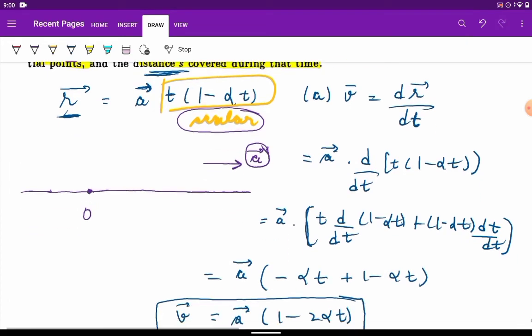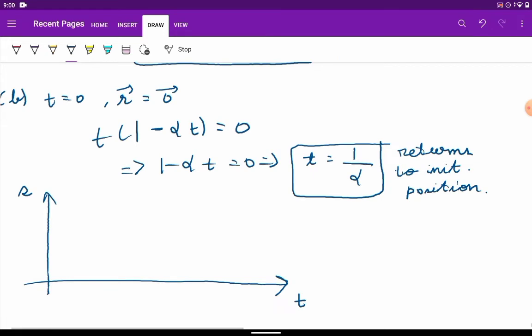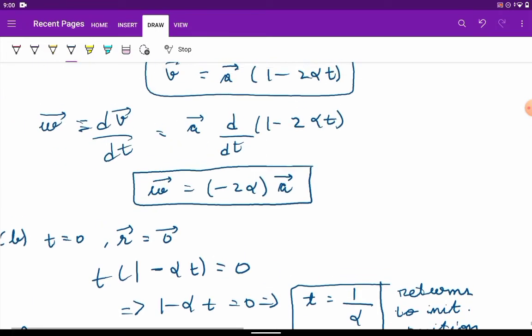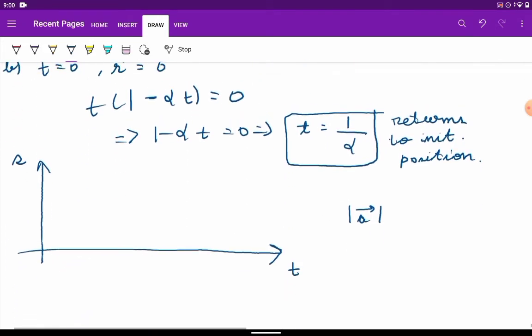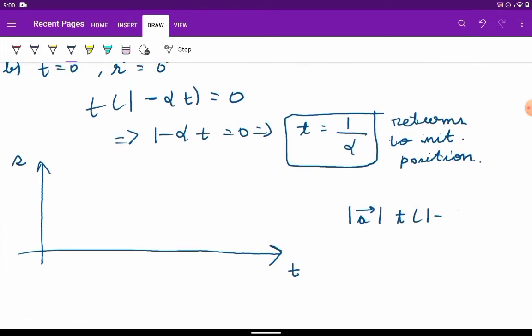So this displacement is essentially the magnitude of a into t into (1 minus alpha t). This is the magnitude of the displacement.